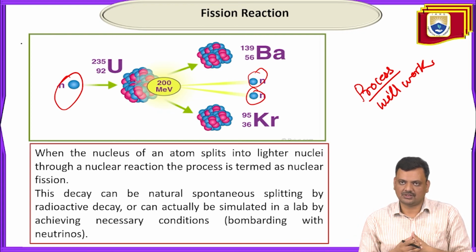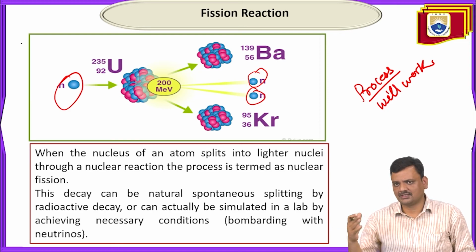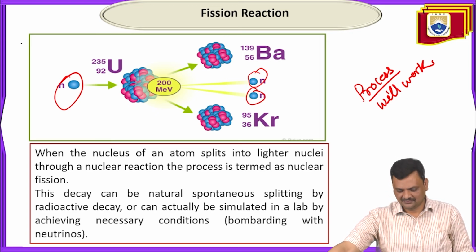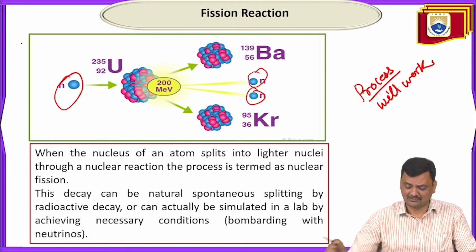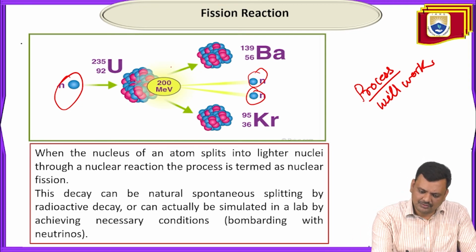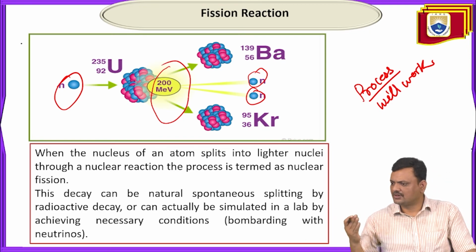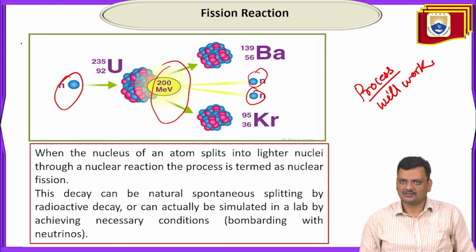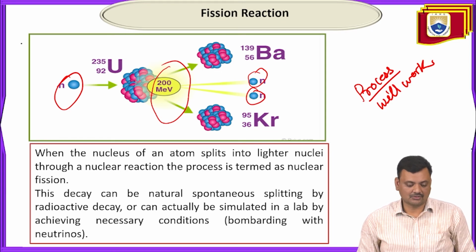After a large number of reactions, the final product is barium and krypton atoms. This is an example of a fission reaction. And if you utilize this 200 mega electron volt energy, then you can generate electricity.